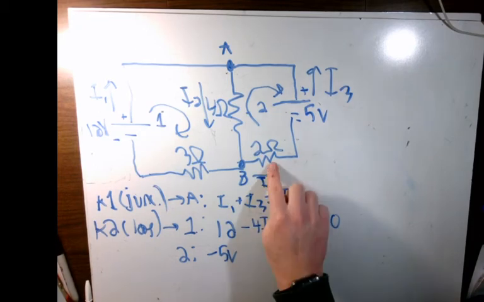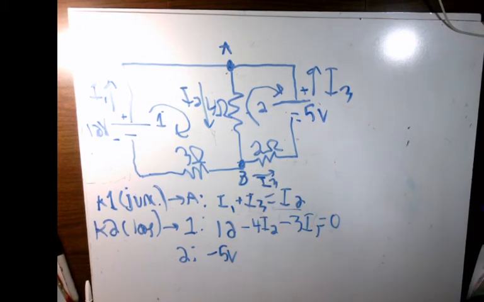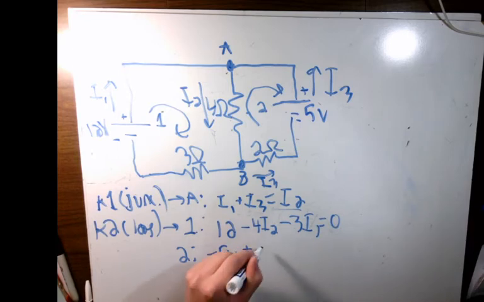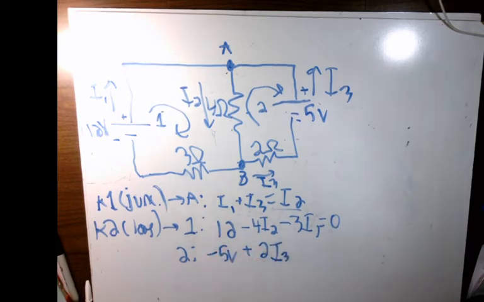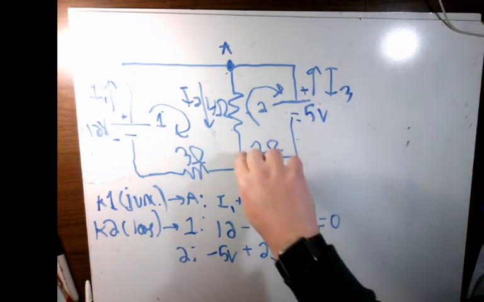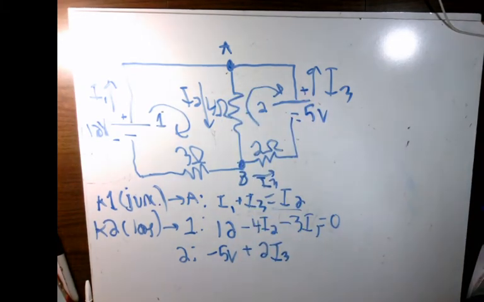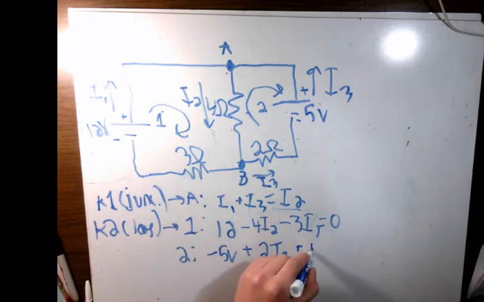So this resistor, since it's opposite of our loop, is actually going to be a voltage increase. So that'll be plus 2 times I3. And again, we have a voltage increase across this 4 ohm, so opposite direction, we're going to add those together. So that will be 4 I2.